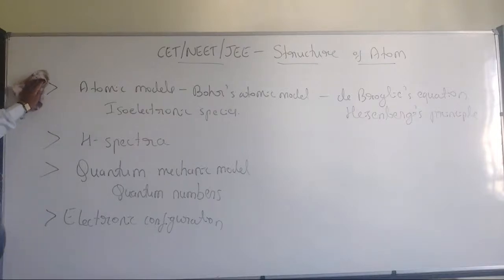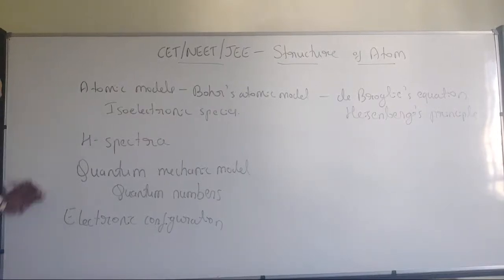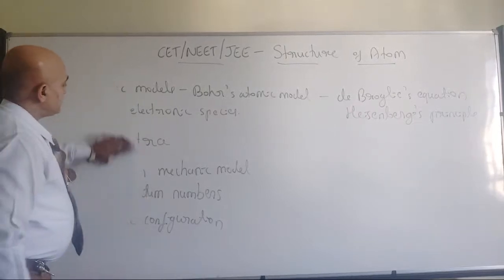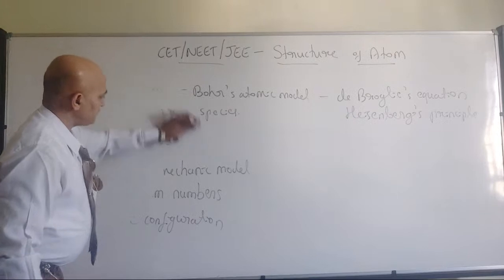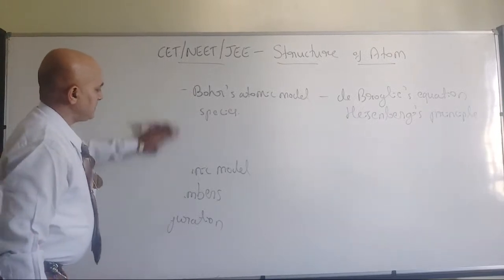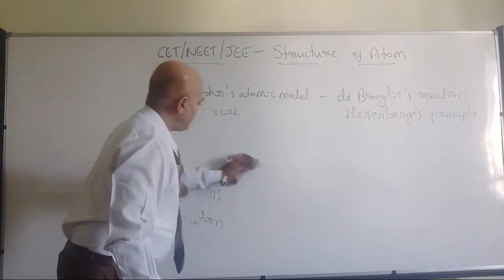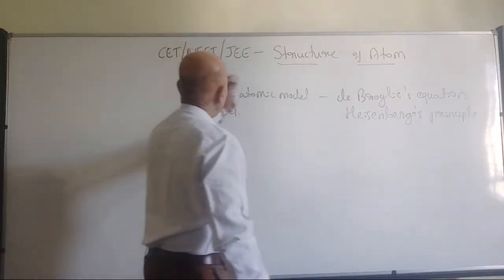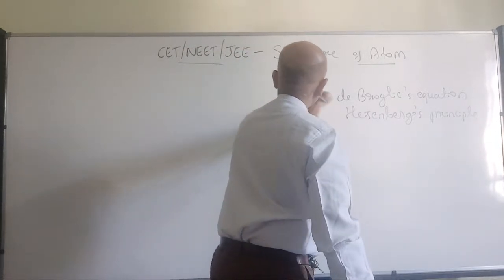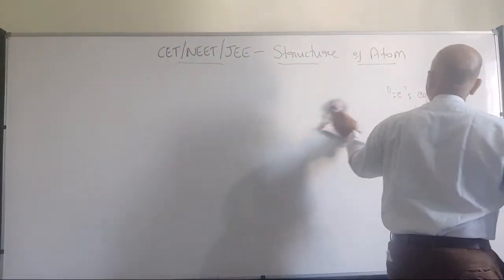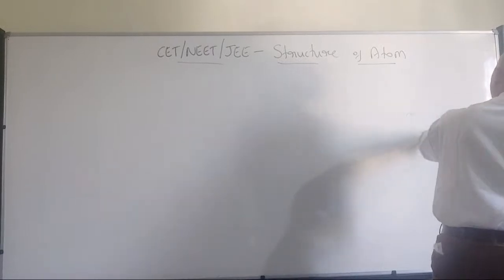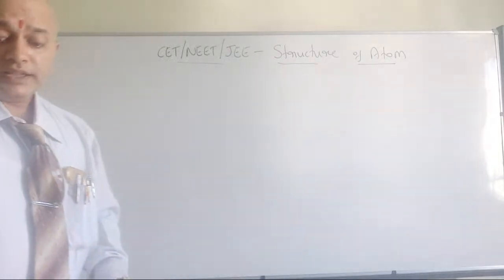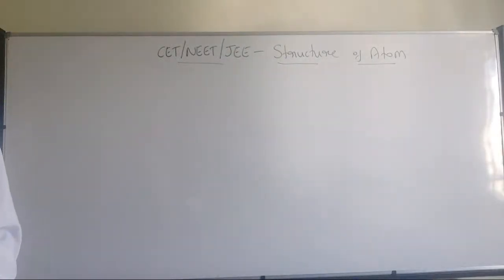And as usual, I will always tell you to practice a minimum of 35 to 40 elements of your periodic table with their atomic numbers. Okay, fine. So this is the introduction for this particular chapter.